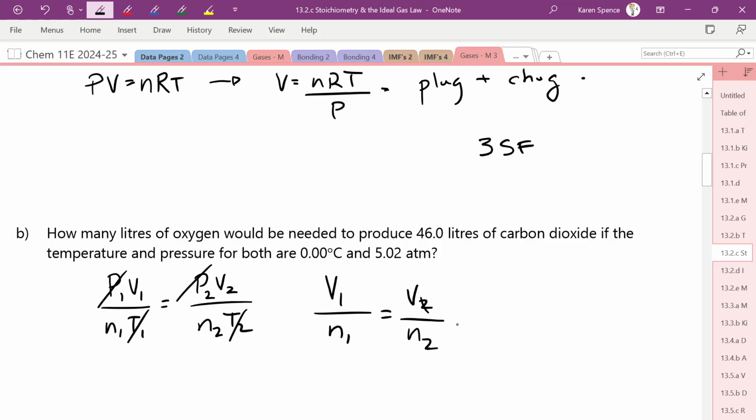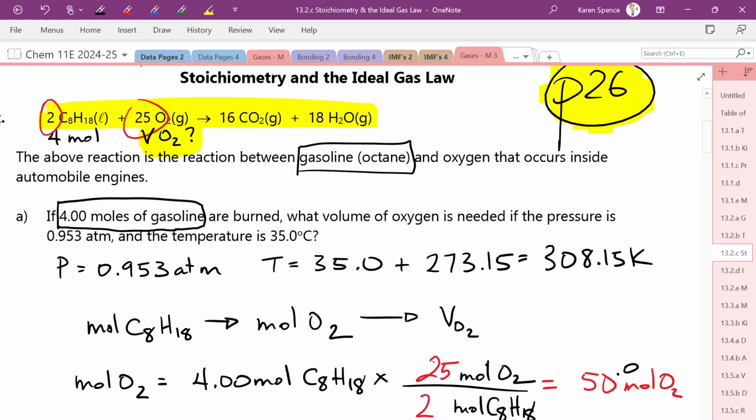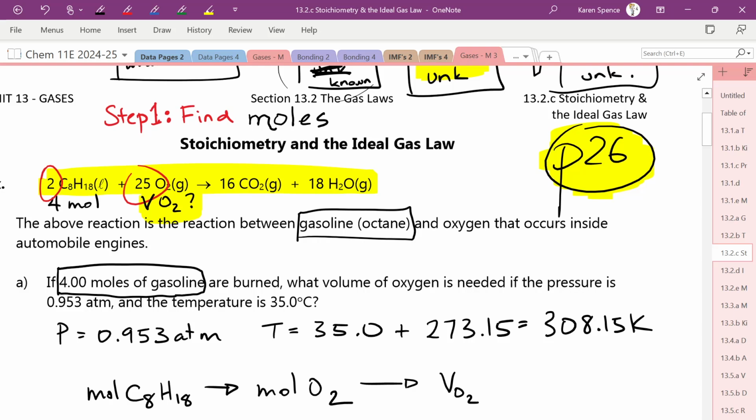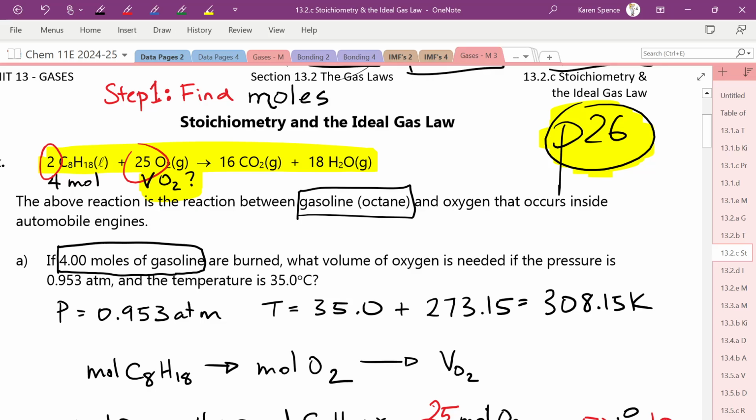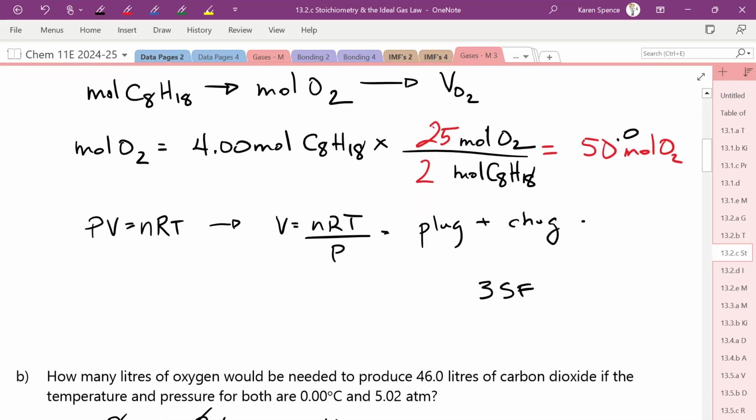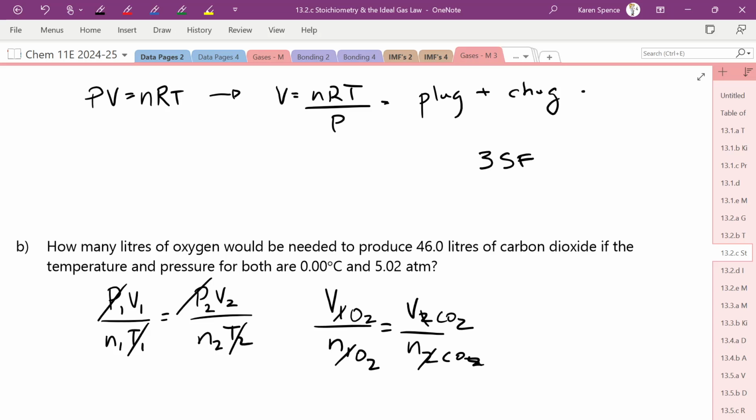So this would be CO2. Let's see if this actually works. It seems like it should. V1 would be O2, and this would be CO2. Actually, it's even better. Equal moles of gases at the same temperature and pressure have equal volume.